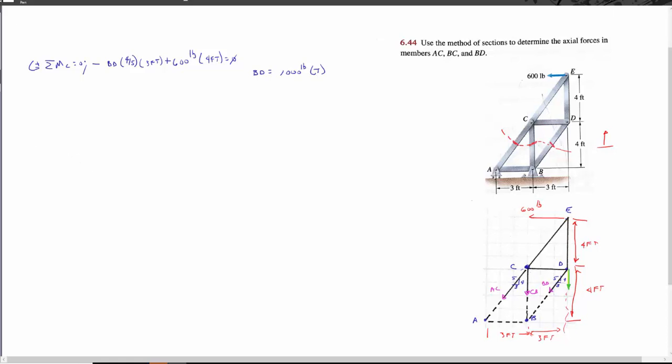Now, if I know that BD now is 1,000 pounds, can I sum my forces in the X or the Y to compute something? Sure, I can sum my forces in the X to get AC. If I sum my forces in the X, I'm going to have AC.